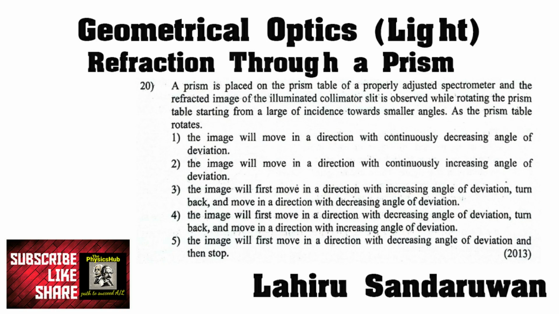A prism is placed on the prism table of a properly adjusted spectrometer, and the refracted image of illuminated collimator sheet is observed while rotating the prism table, starting from a large incidence towards a small angle. As the prism table rotates, we have to consider the deviation.